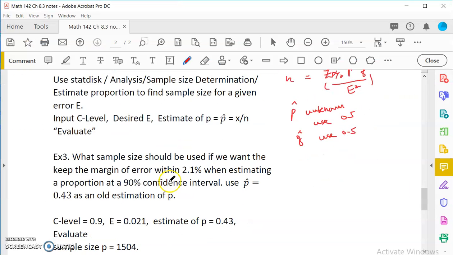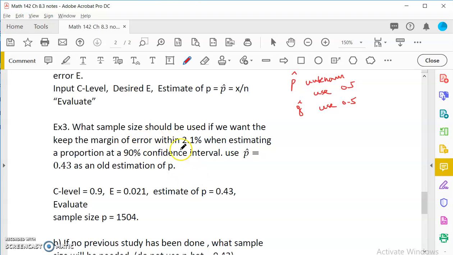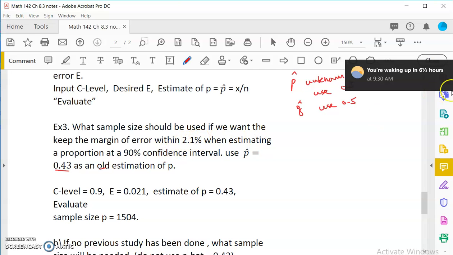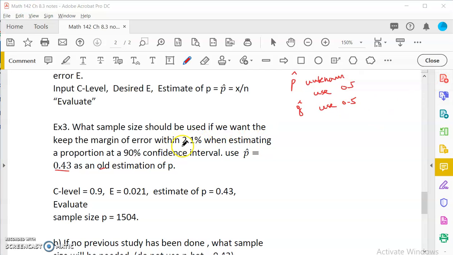If you are doing hand calculation. Now that the software is handling it, you just don't provide it. So the example that I'm going to do is when I have an old estimate. Remember, this old estimate of P is 0.43, and I want to do a sample size estimation where I want the margin of error to be only 2.1%.